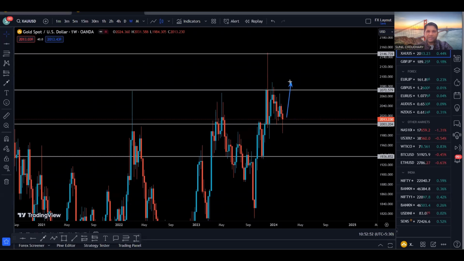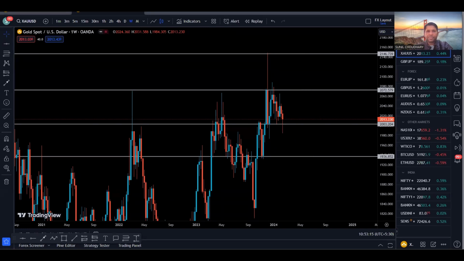If we get a breakout to the upside, there is a higher probability for the price to fill this range or the wick. Same thing to the downside. If we get a weekly candle close below the support, we have a clean range on the left hand side, so there will be a higher probability for the price to fill this range until the next support, which is right here. So that is something we see on the weekly time frame.